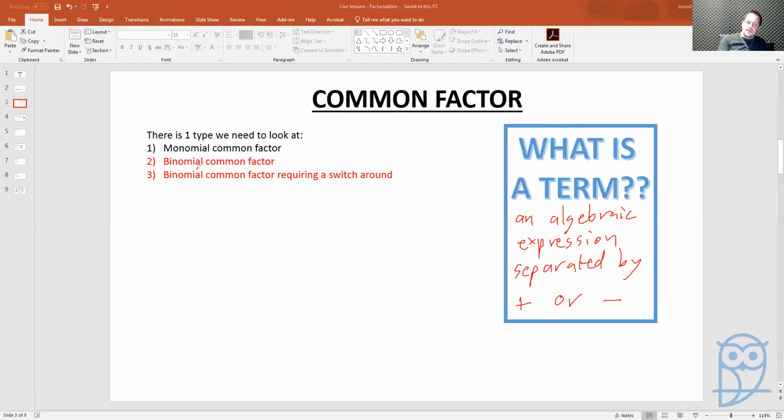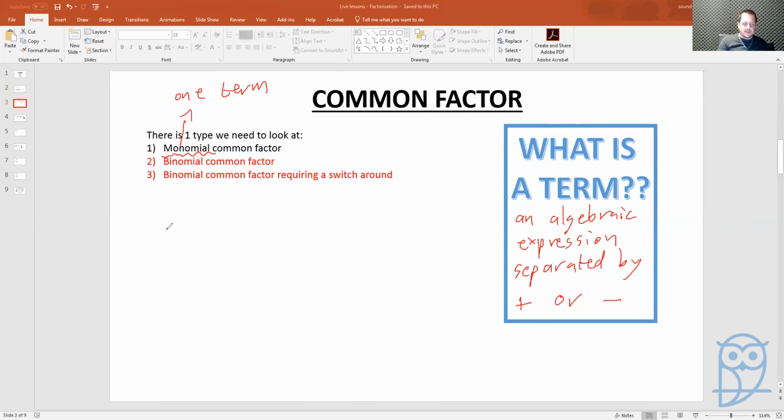So when we're looking at a monomial common factor, monomial is the fancy name for one term. In other words, it is exactly what you've been doing. It can be a 5, a -2, a 3x, a 2yz, anything like that.